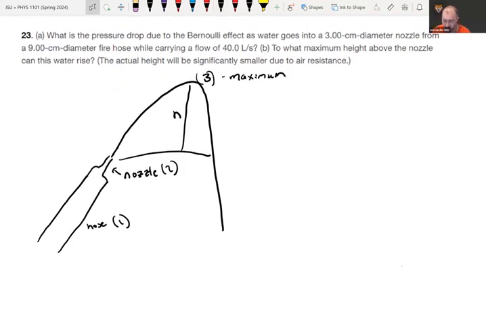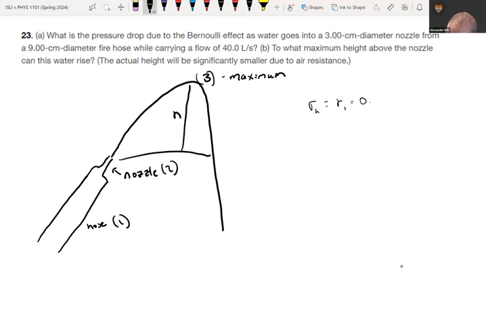Okay. Now, what we're given here, I'm going to do this without bold. So our hose, I'm going to just call that R1. Okay. So I like to categorize these things as situation 1, situation 2, situation 3, just so I can keep what's going on in mind.